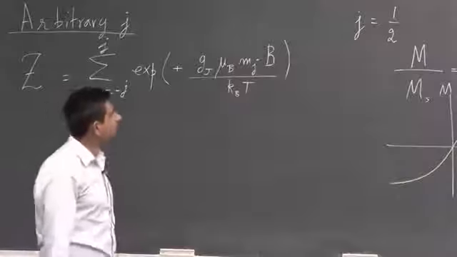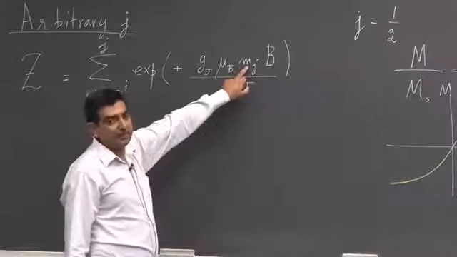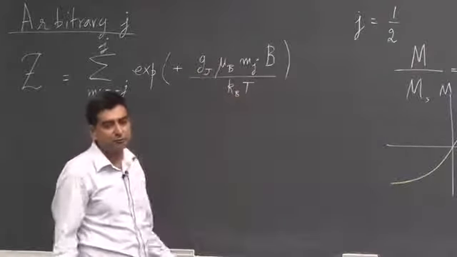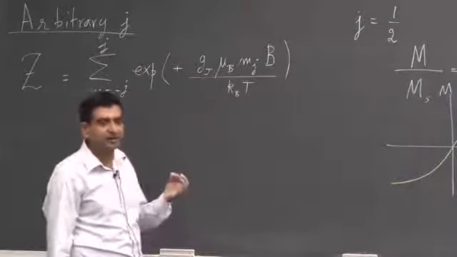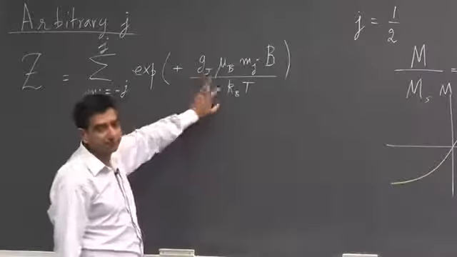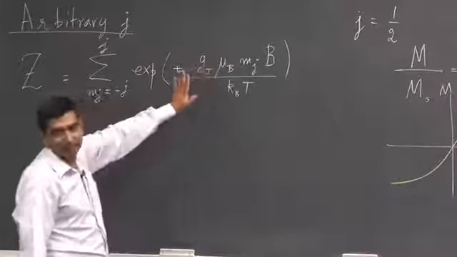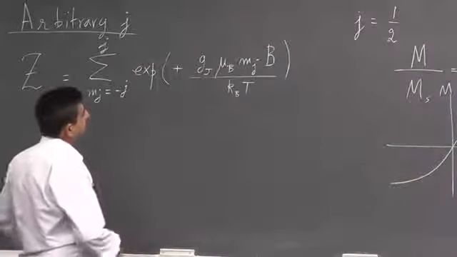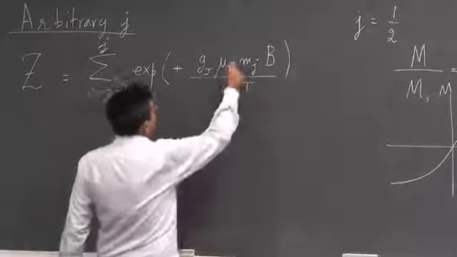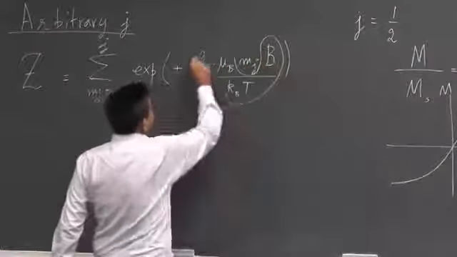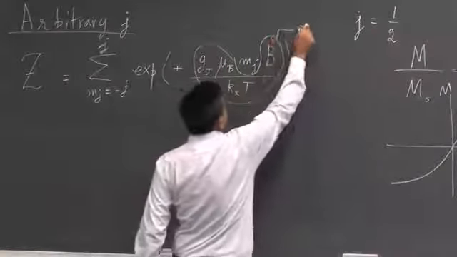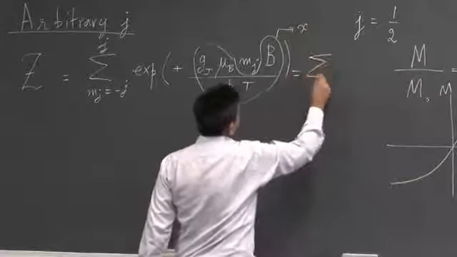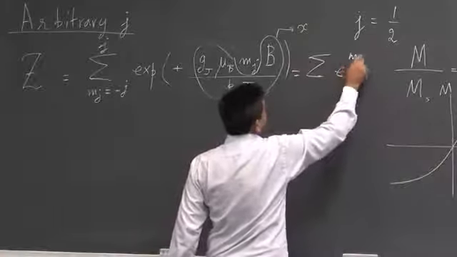Okay, and we know what the values of m_J are. We know that g_J could in general be different from 2. For an isolated spin half particle, an electron, this is 2. But for an arbitrary J, it could be different. So if I call this object x, then this is simply the sum of exponent m_J x.